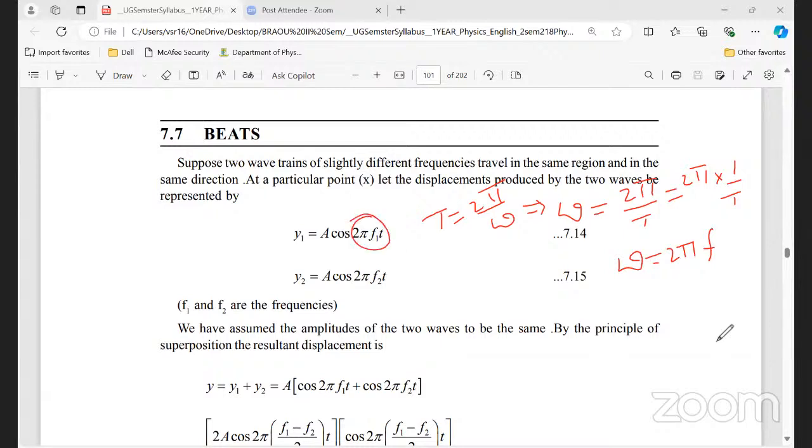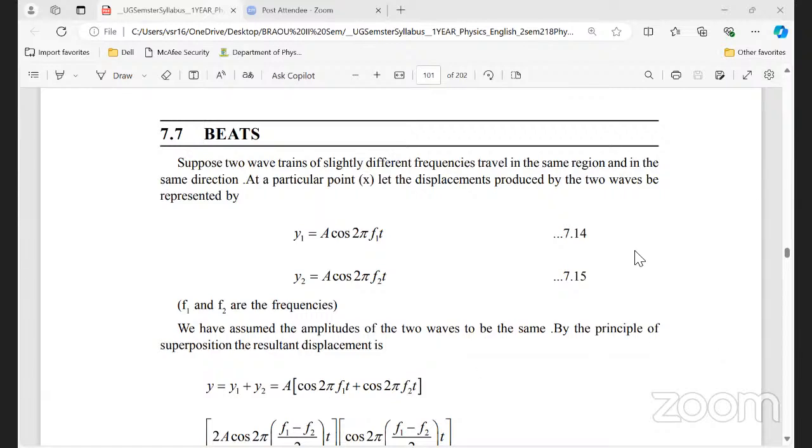So in place of omega t, you can write a cos 2 pi f t, since there are frequency differences. Is it clear now?